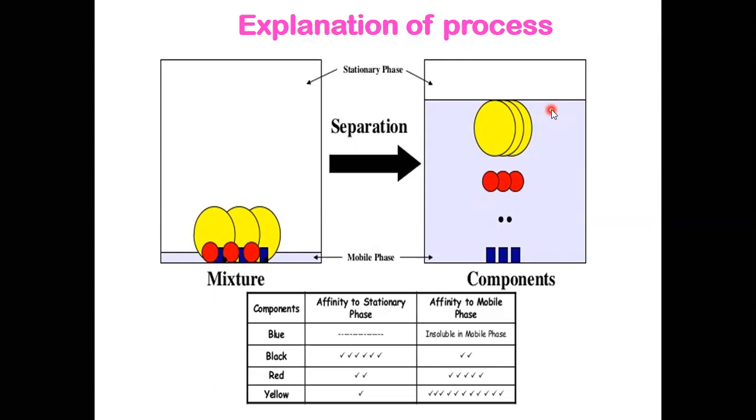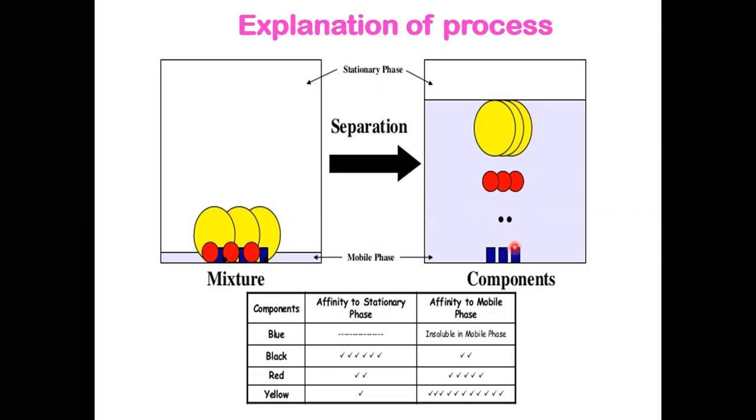The other thing you can see is that there are four types of compounds which are denoted by color: yellow, red, blue and black. You can see the yellow particles moved the most and the blue particles moved the least.